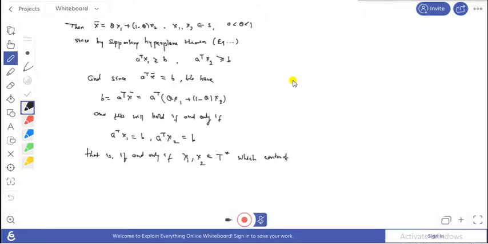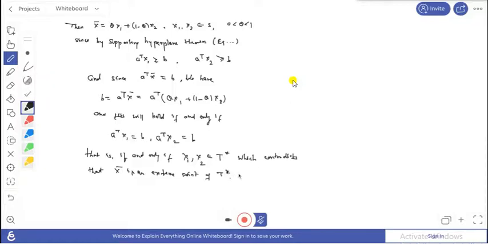which contradicts that this T star, that point x bar, is an extreme point of this T star.